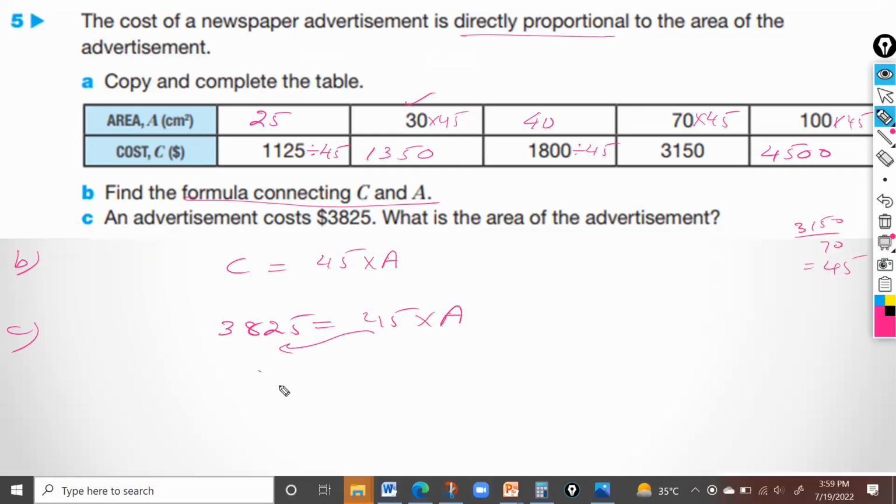I get 3825 upon 45 equals A. So I get area equal to 85 centimeter square. So that's the way we finish our question number 5.